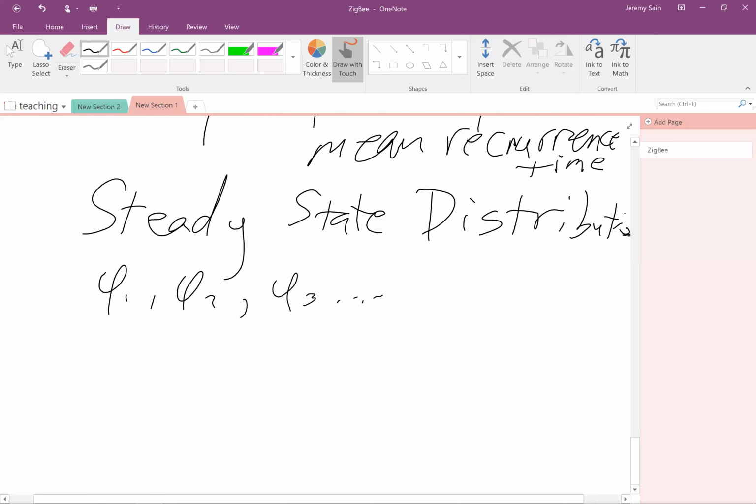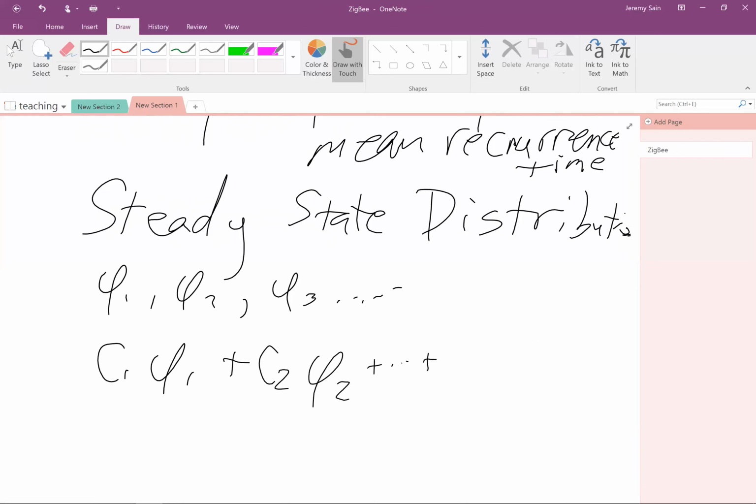But in physics, they let you do mixed states. So C1 phi1 plus C2 phi2 plus Cn phi(n), where these are numbers that add up to 1. So, I mean, in physics language, the states that we expect the system to be in would be like pure states, but it could actually be in a mixed state. It's some superposition of those pure states.